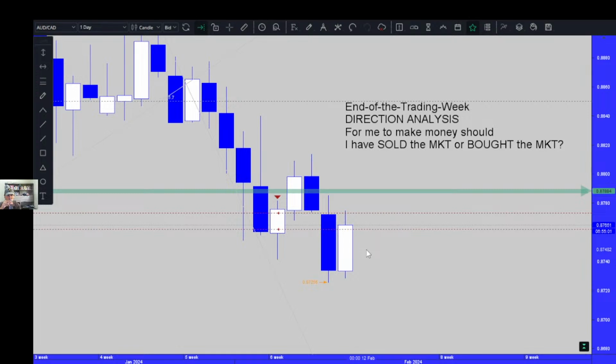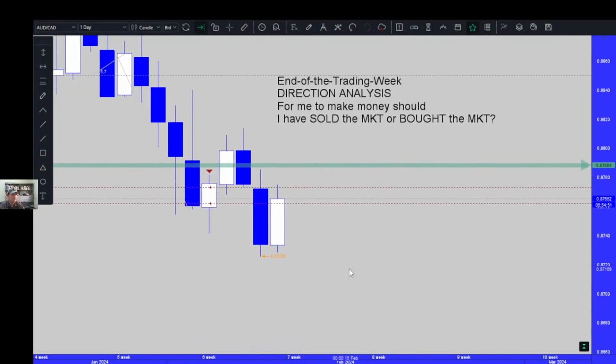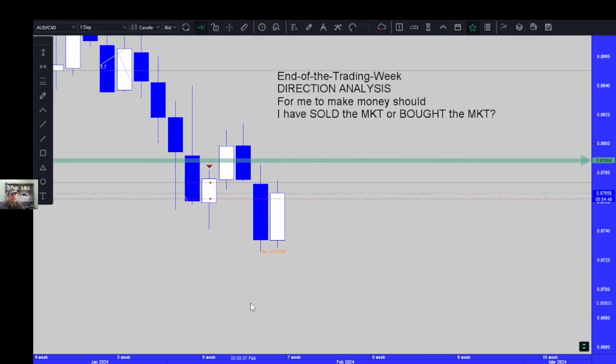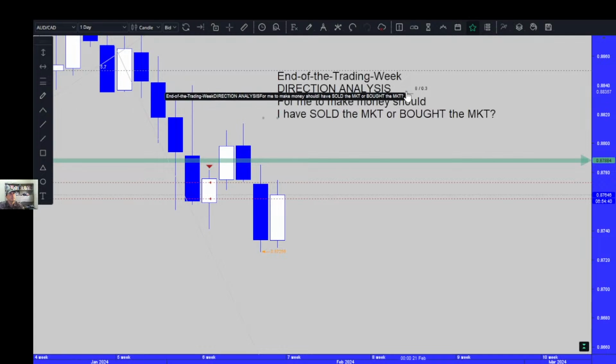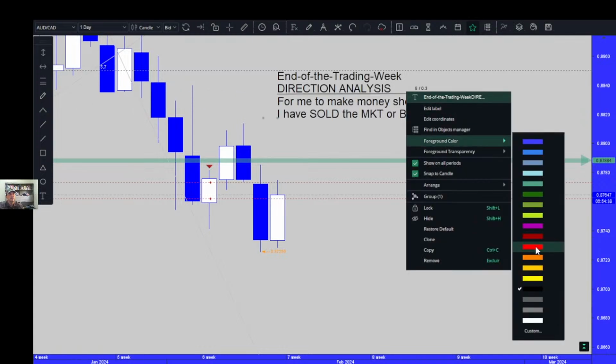What do you think? Direction is the key word, alright?